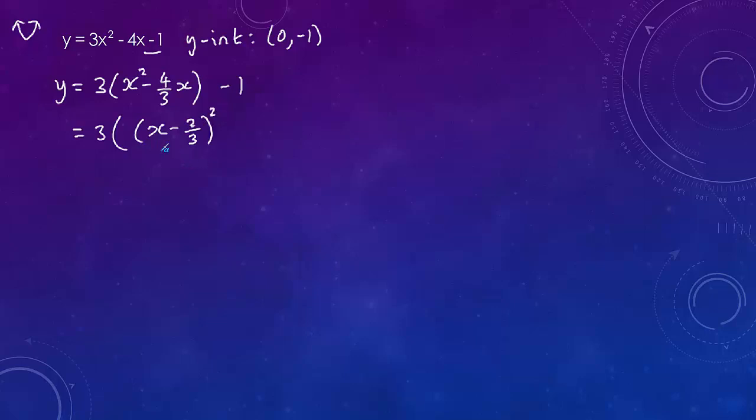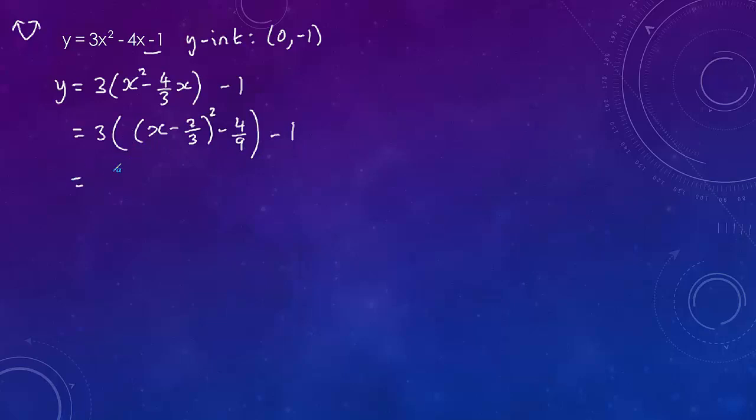Squared. Now if you think about expanding that out, it would give you x squared, minus 4/3 x, and also a plus 4/9, that's 2/3 times 2/3, that we don't want. So let's take that away, like so. You might need to walk yourself through some of this.